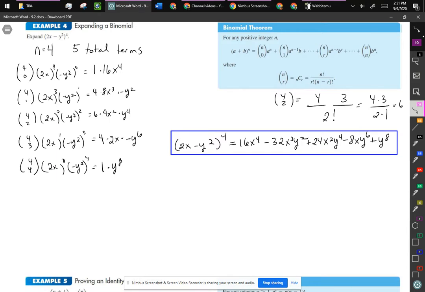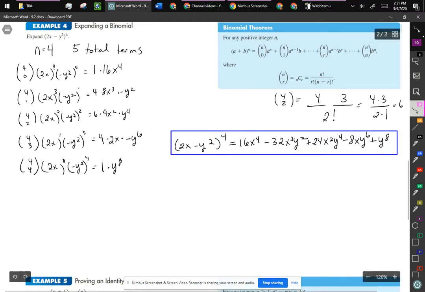Now, there's n's and r's here, and the identity itself has n's. So I don't want to confuse you because this n is different than the n down there. So what I want you to do is look at this formula and think about this as the top number choose the bottom number. N is the top, r is the bottom. So n choose r, okay?